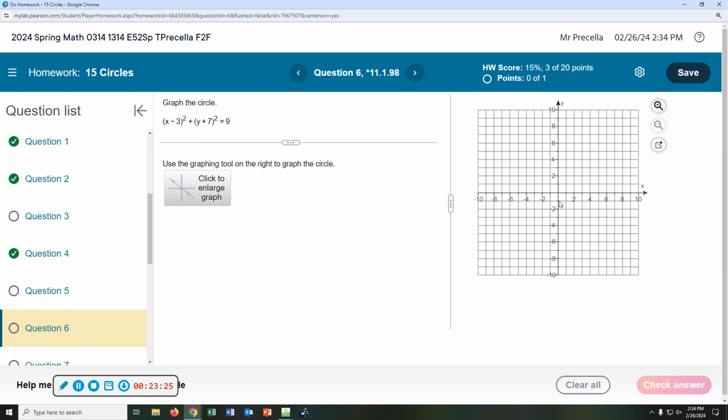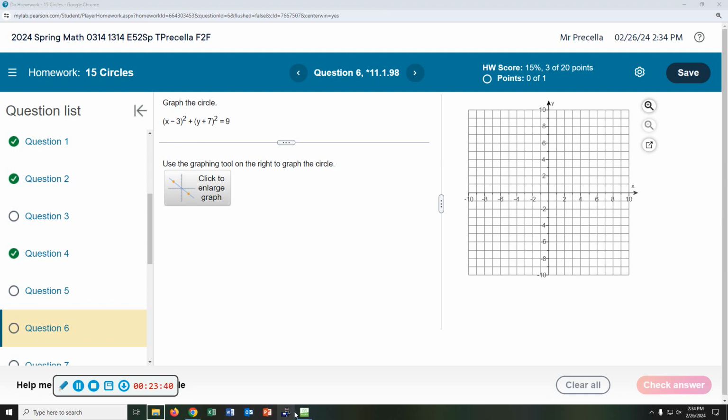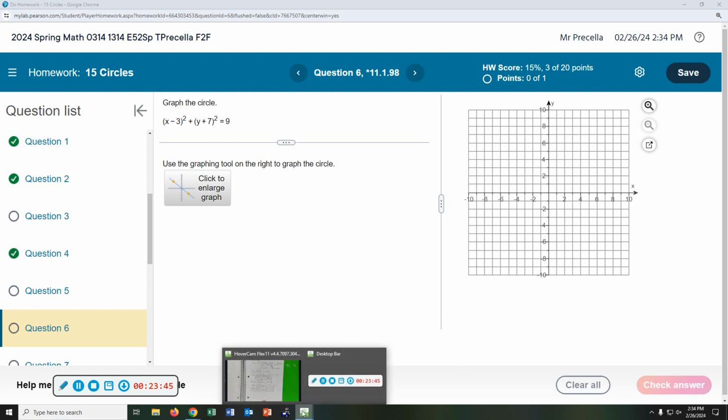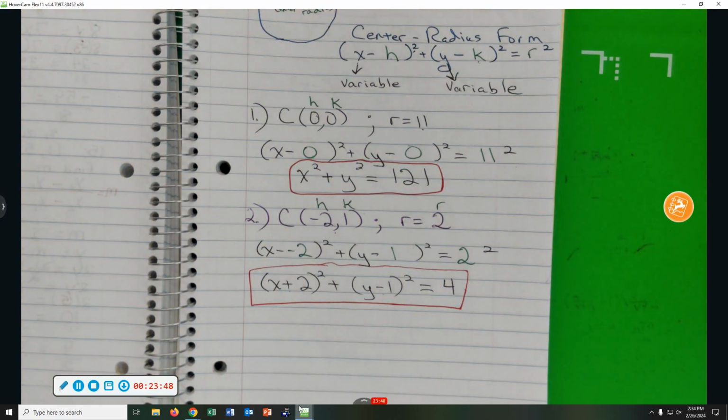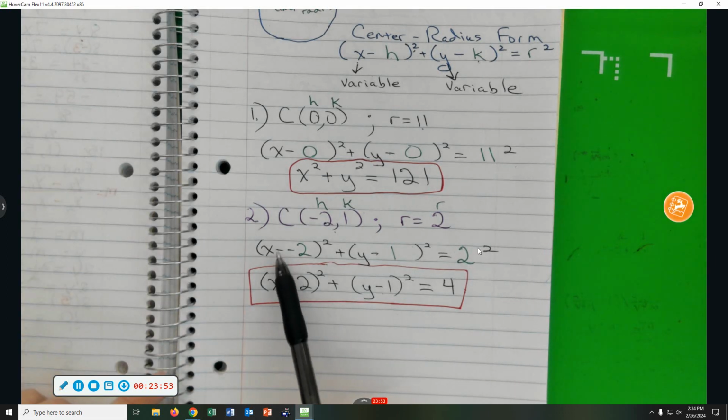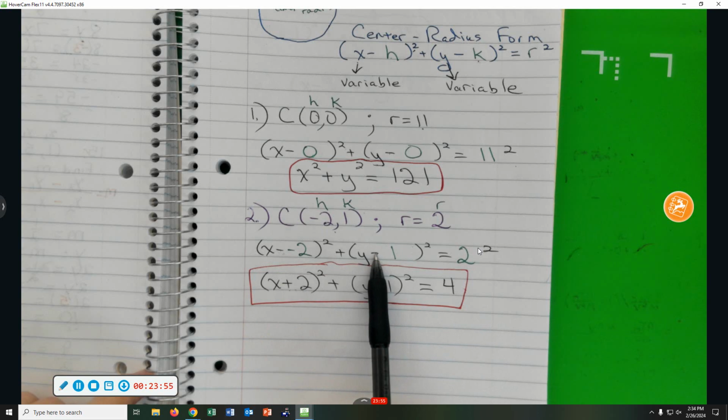Anyway, remember what I said. In order to draw a graph of a circle, we need to know the center, and we need to know the radius so we can find a second point. Remember the way that center radius form works. There it is. Because of the way the formula has those minuses, what you see inside the parentheses is exactly the opposite of the center.